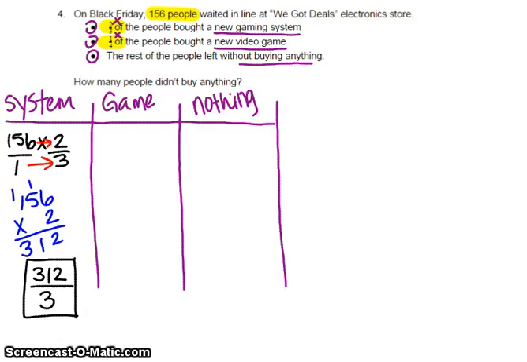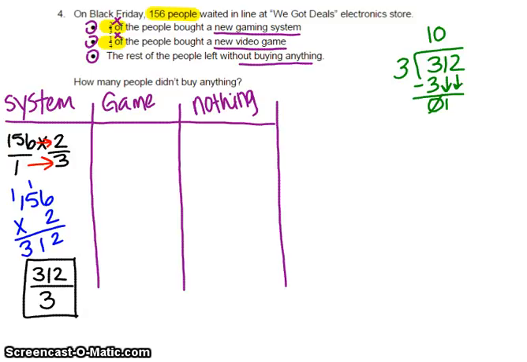And so I know that a fraction is the same thing as division, and so I want to go ahead and divide that. So I'm going to divide it off to the side where I have a little bit more room. So I'm going to do 312, and I'm going to divide that by 3. Well, I know that 3 goes into 3 one time. I need to bring down this 1. Well, 3 does not go into 1, so I'm going to put a 0.